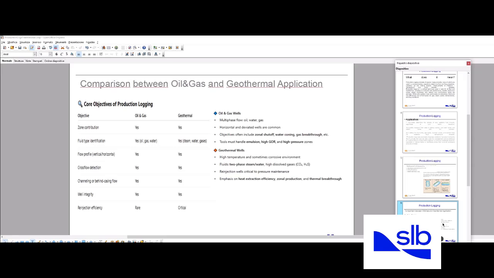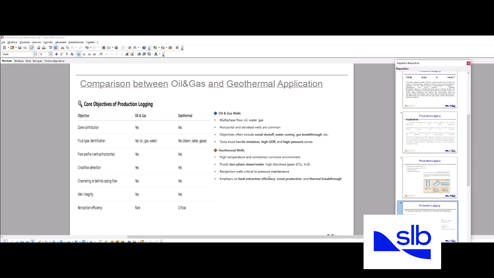Cross flow detection, challenging behind casing flow, and well integrity also in oil and gas and geothermal. Injection efficiency is critical in geothermal reservoirs, and we can evaluate it with production logging in oil and gas, but it is especially critical in geothermal to evaluate the reinjection with production logging.